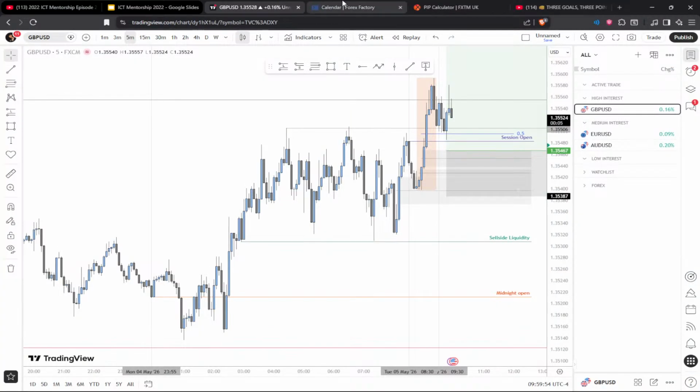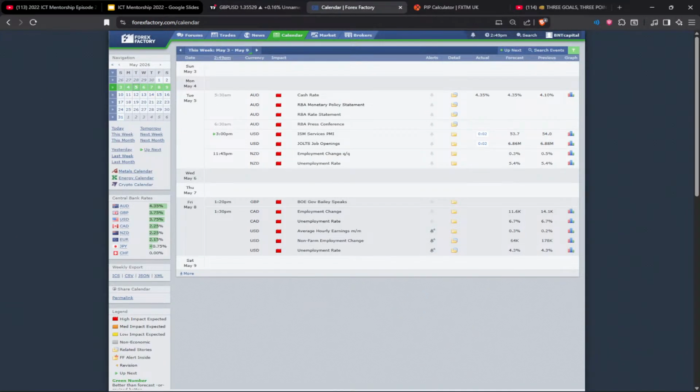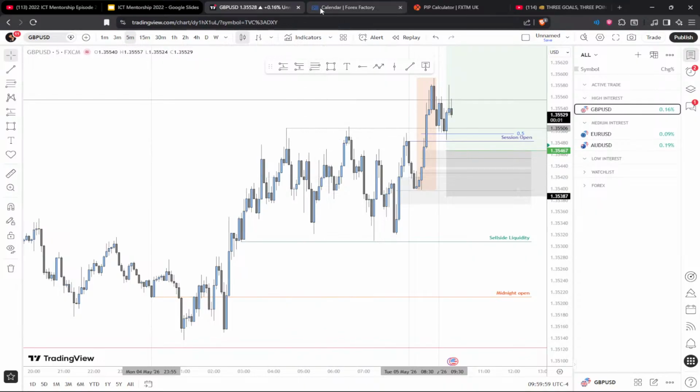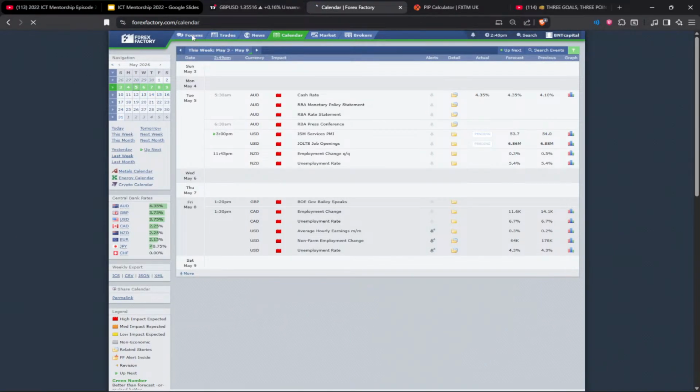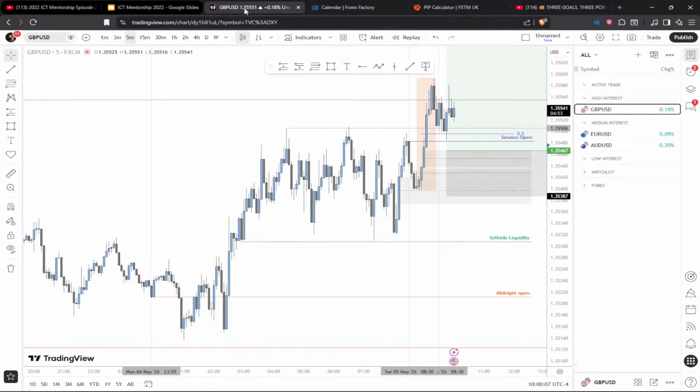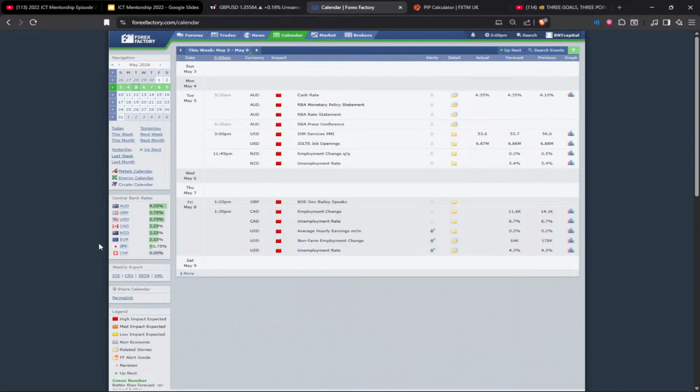Segundos. Dos. Uno. Boom. Check spreads. Those are fine.